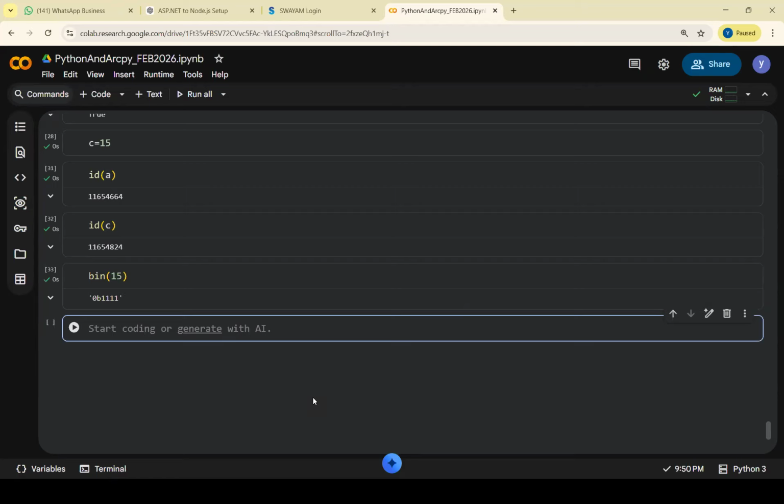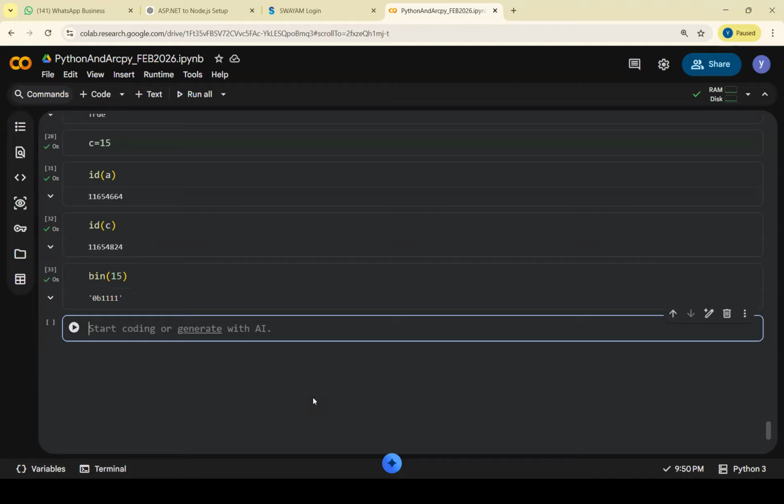Sometimes there is one more method we have in Python. This was decimal to binary. Now we want to convert binary to decimal in Python.